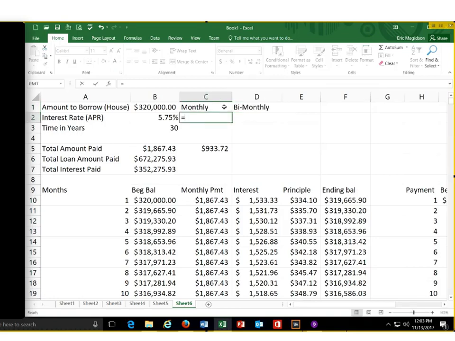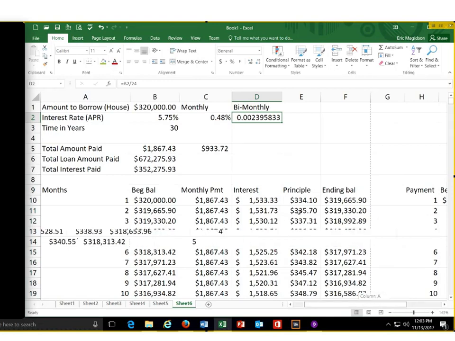So here, this is going to equal this divided by 12. That is our monthly interest rate. Now let's figure out what our bi-monthly interest rate is. We'll take our annual interest rate divided by 24, and if you think about it, look at it, it's half, right?